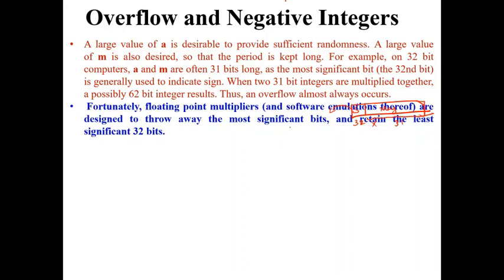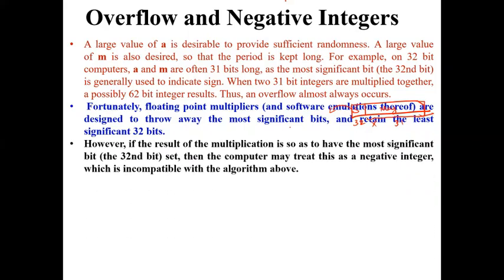And fortunately, floating point multipliers or emulators which use floating point multipliers are designed to throw off the most significant bits. Okay, they'll retain only the least significant 32 bits, and the overflow which has occurred, most of the floating point multipliers will throw off. But if the result of multiplication retains that overflow into the 32nd or 33rd bit, then the computer will treat that number as a negative number.